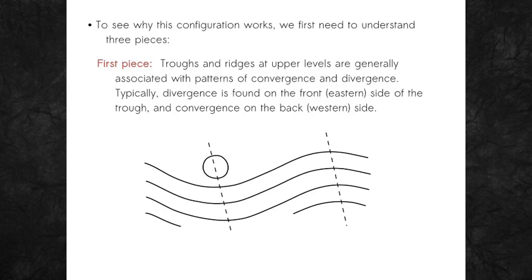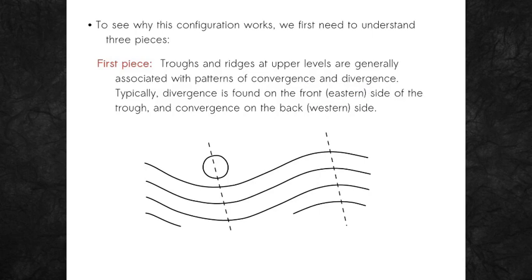And this first piece is that when you have troughs and ridges at upper levels, they have associated with them convergence and divergence patterns in the winds at upper levels.